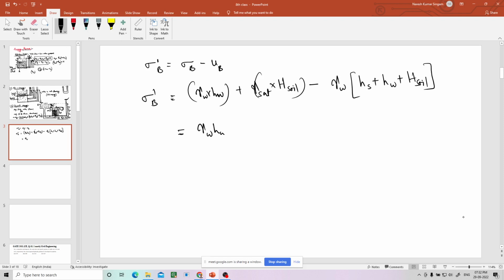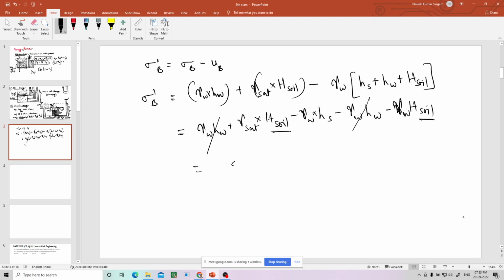Now gamma W HW plus gamma sat into H soil minus, I'll multiply gamma W with every term: gamma W into H soil, gamma W HW, and gamma W into HS. Now gamma W HW and gamma W HW cancel. Gamma sat and gamma W into H soil are common, so gamma sat minus gamma W into H soil, minus gamma W into HS.